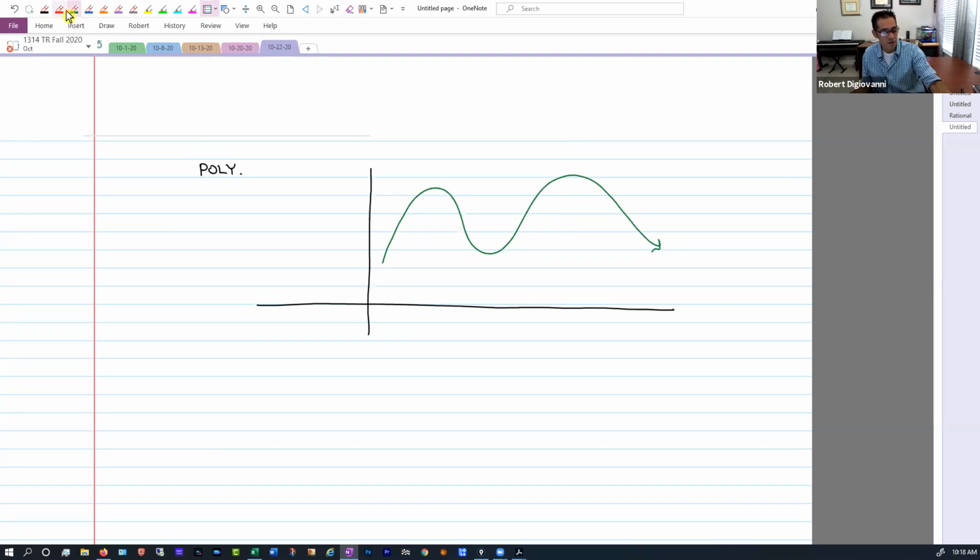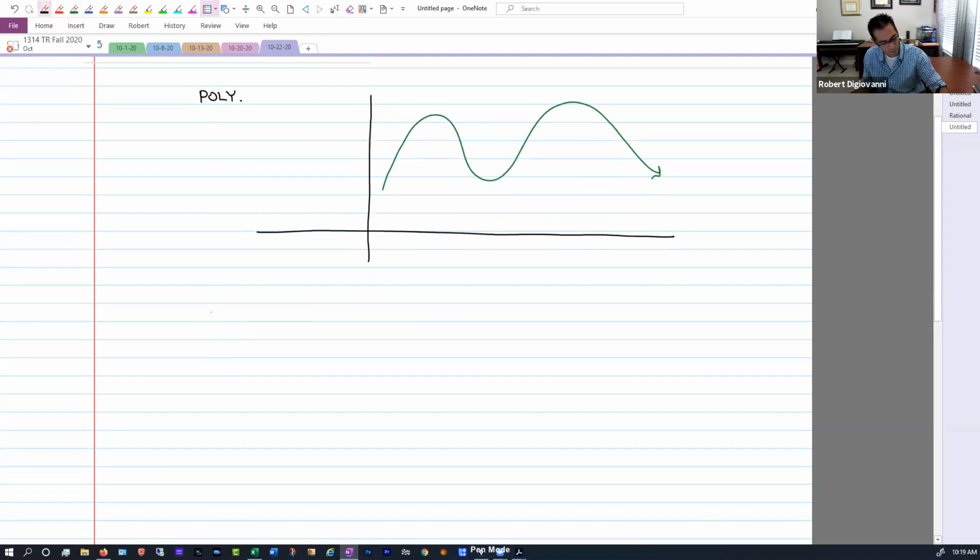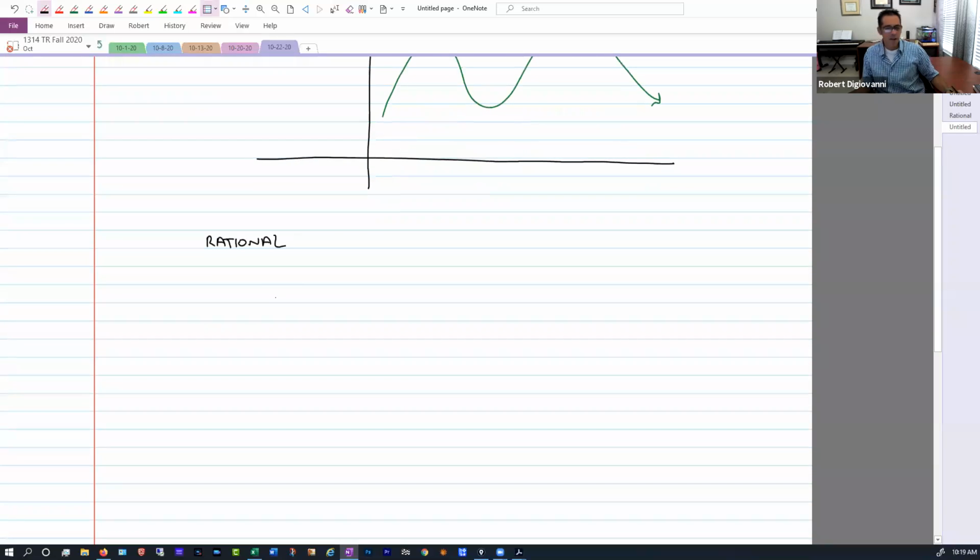Rational functions are good for something else, something specific, and I want to point out what it's good for. So I'm going to give you a quote from a movie. I'm going to see if anyone in the class can tell me what movie this quote's from. I'm just going to type it in here, and I'm paraphrasing. I might be off a little bit here.